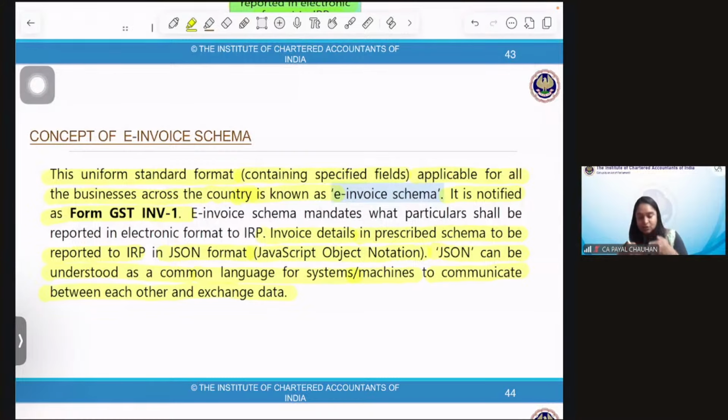See, my software will communicate with the software of IRP. So we need a machine language, and that language is known as JSON. Perfect, which is JavaScript Object Notation.